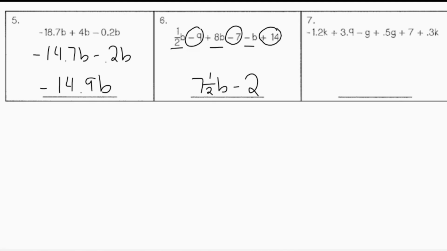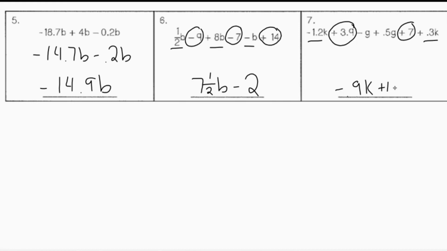Number 7, I have negative 1.2k plus 3.9 minus g plus 0.5g plus 7 plus 0.3k. So first I'll combine my k's. So negative 1.2k plus 0.3k. Negative 1.2 plus 0.3 would be negative 0.9k. 3.9 and 7 will combine to 10.9.